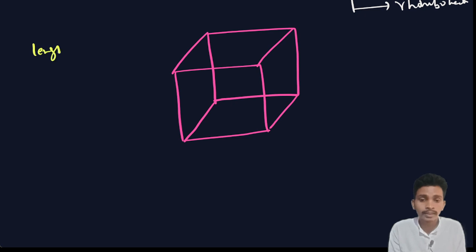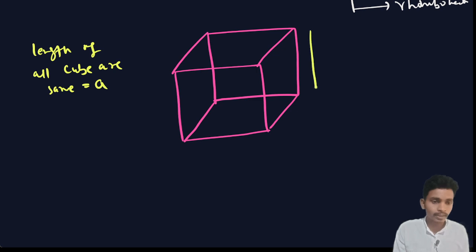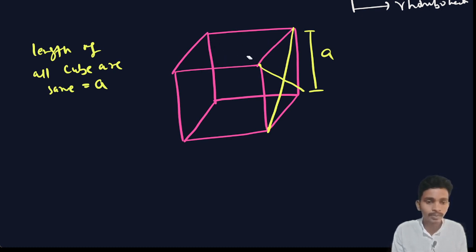So I write that the length of all sides of the cube is the same. Let's say that is A. If it is A, then all are A. Also, for this cube, these are the base diagonals, because this is the base.